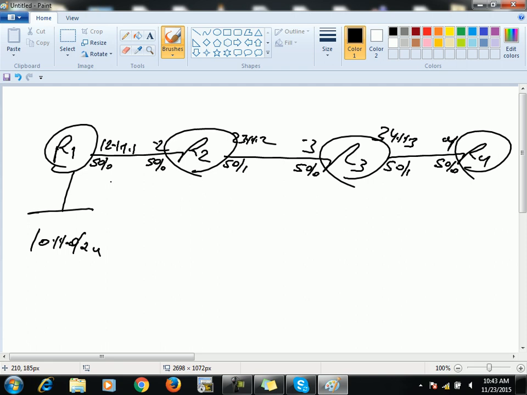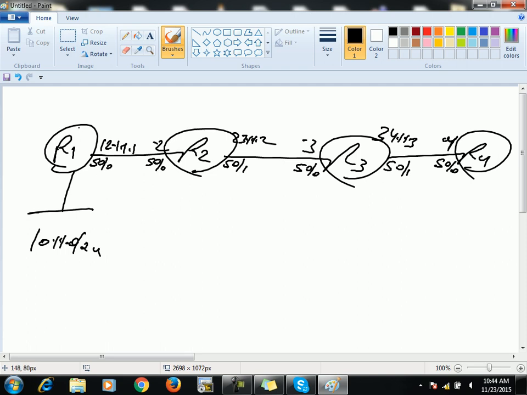Labels are 20 bits long. Label numbers will be 20 bits long numbers. So 2 raised to the exponent 20 would be something like 1 lakh or something like that. You can calculate it by yourselves. That will be the range of labels, right?